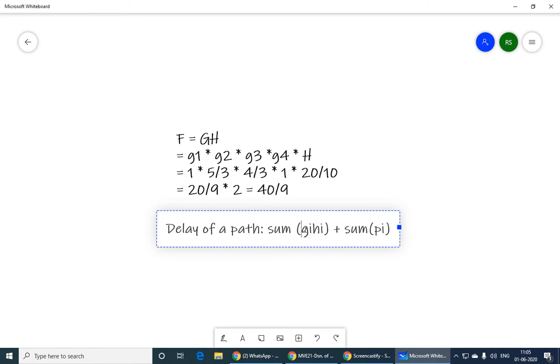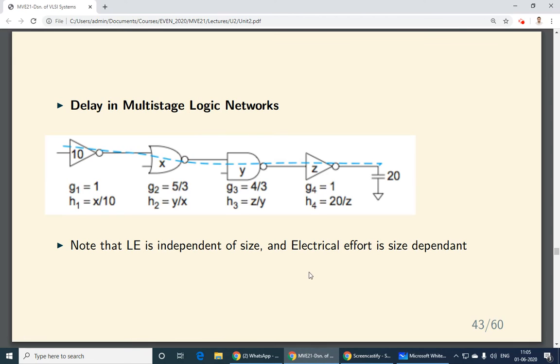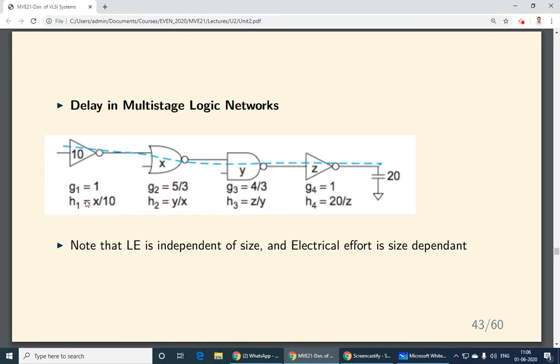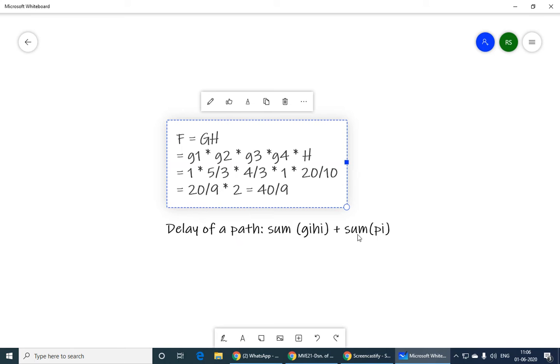Each term is going to have some GiHi, and each term is going to have some P. If you add all of those, and this is important, this is not a product, delay is the sum of the individual block delays. This will give us the delay for the whole path. So what we have to do now is, given this fixed number 40/9, how do we choose x, y, z to minimize this bottom term?